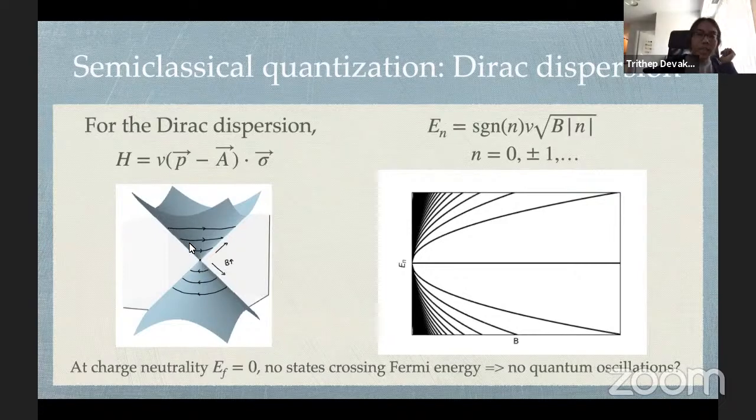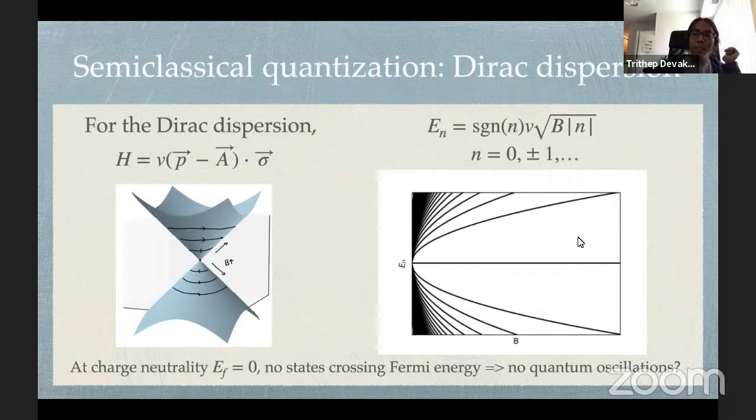Now, if you do the semi-classical quantization for this, you get orbits that go around the Dirac points like this, above and below, and you also have an orbit that sits exactly at 0. So the spectrum you expect is shown here. You have one zero energy eigenstate that sits exactly at E equals 0, and you have a bunch of other states that go as square root of B times n, where n is the integer labeling the eigenstate.